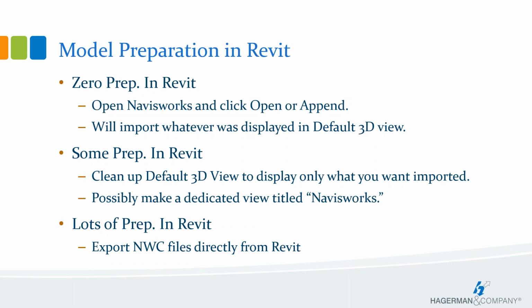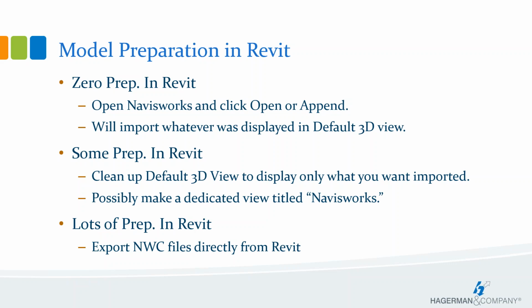If you would like to have a little more control over how Navisworks creates the NWC file and imports it, you can do some prep in Revit by cleaning up the default view. So in this case, I would make sure my visibility settings show exactly what I want imported.